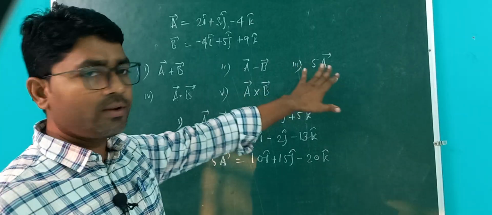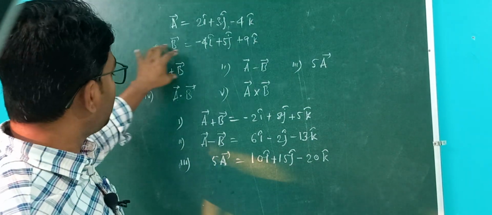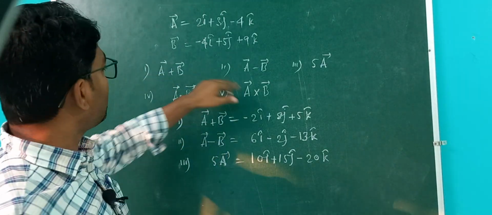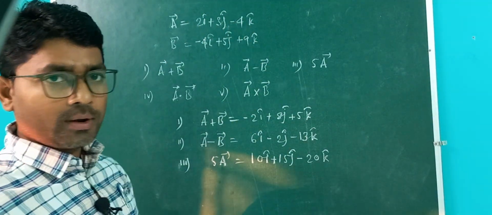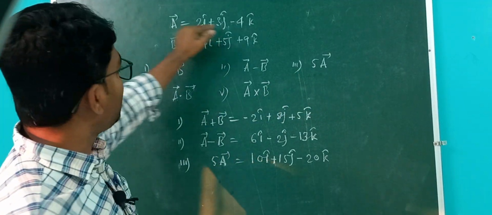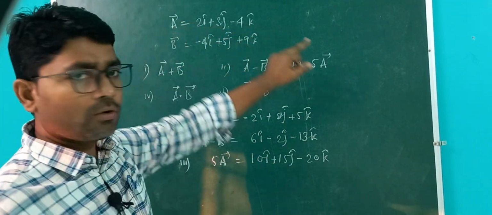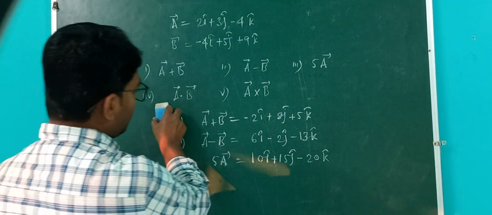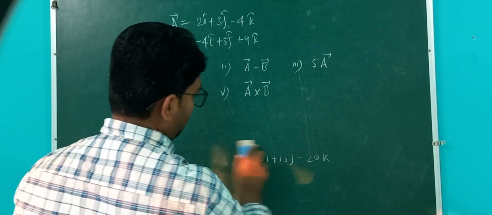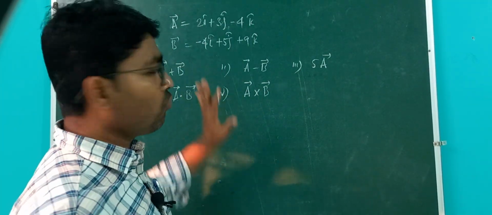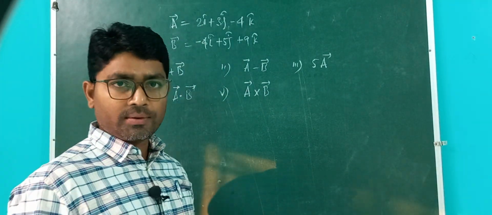The first three are very simple: addition, subtraction and scalar multiplication are all done component-wise. Now the fourth and fifth are very important.